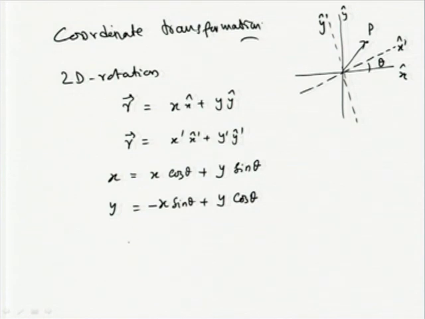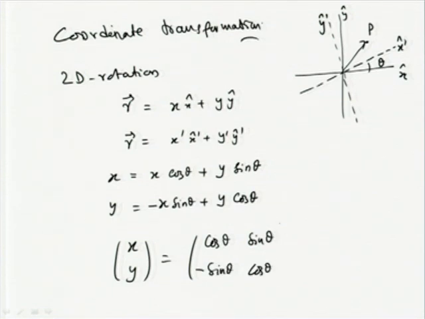Or I can write in a matrix form: x prime, y prime equal to cos theta, sin theta, minus sin theta, cos theta, multiplying x and y. Let me write it in a way that will be easier for us to generalize.